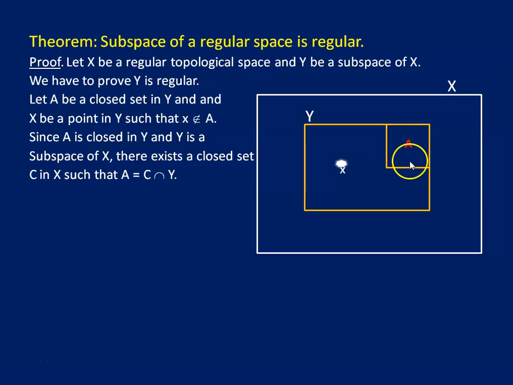Since A is closed in Y and Y is a subspace of X, we know that every closed set in the subspace is the intersection of a closed set in the parent space with the subspace.